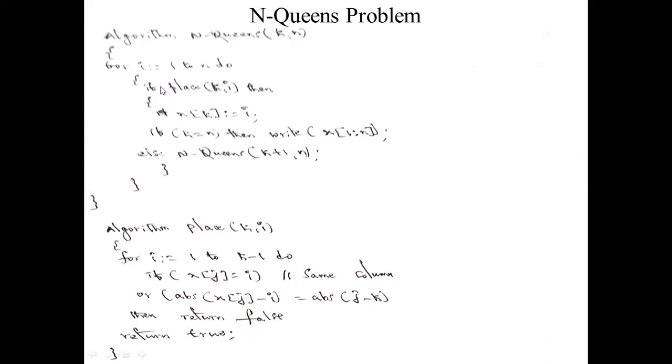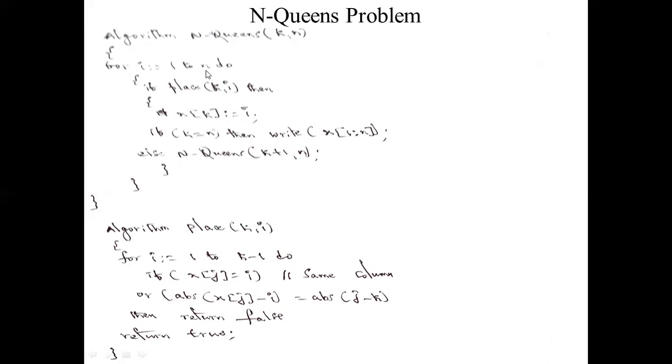That's why we called Place as a procedure. So this is the Place procedure. Take j equal to 1 to k minus 1, because i is already there. We placed k minus 1 queens in the chessboard already. Now we are trying to place the kth queen at the ith column. Then check the column numbers of all the already placed queens against column number i. If the column numbers are the same, or the row number difference and column number difference are both the same, then write false.